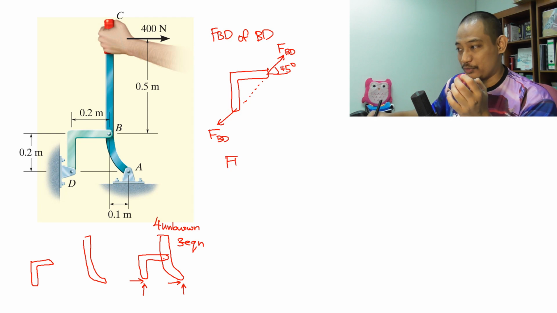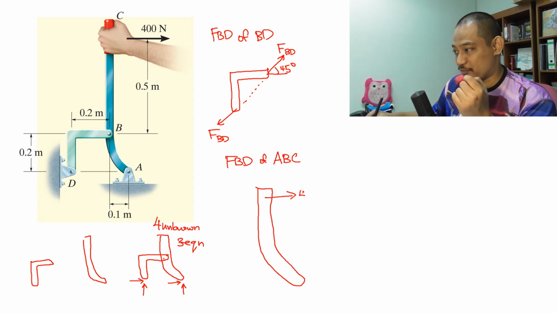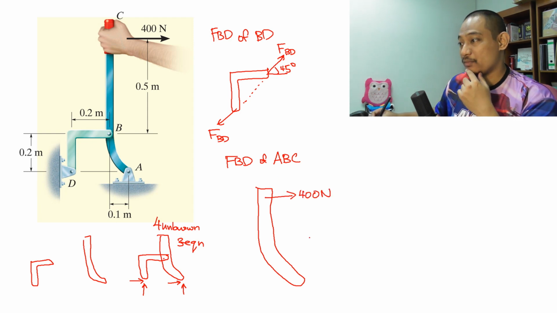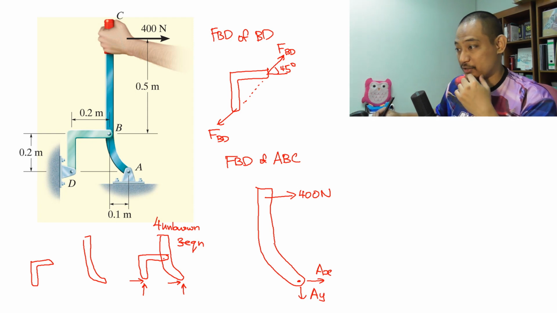So the free body diagram of member ABC. You have a force here which is 400 Newton. This is known, and then at point A you have, let's say, AX and AY. We assume the direction.